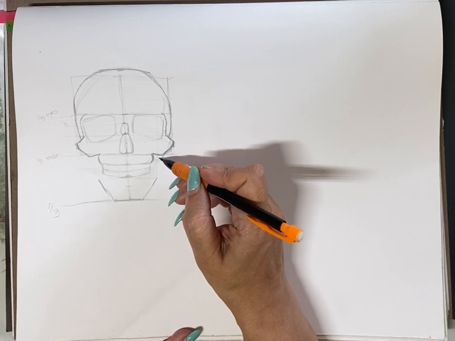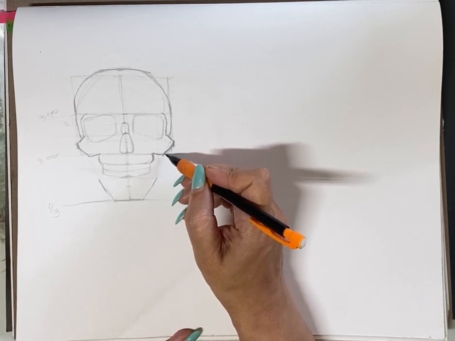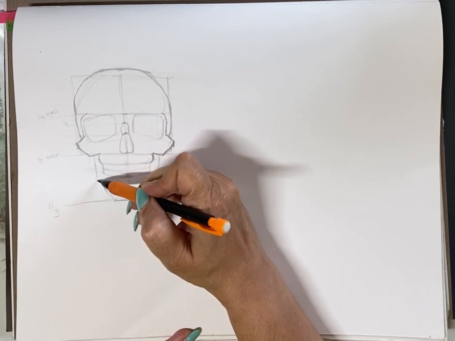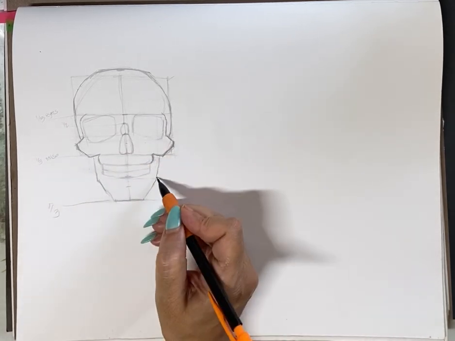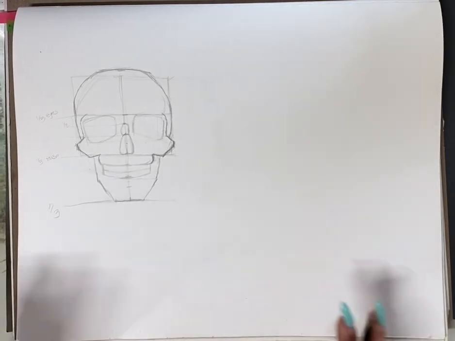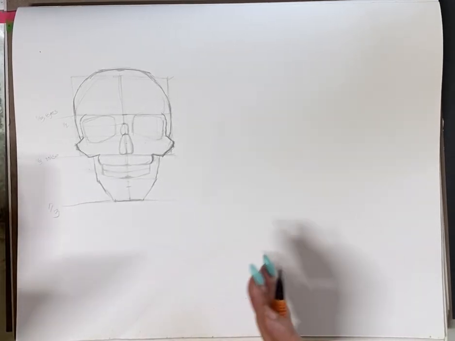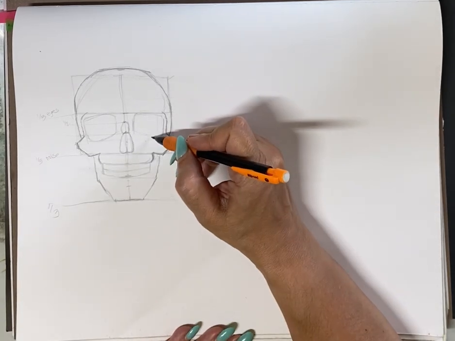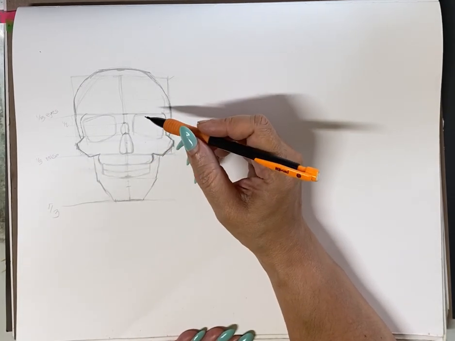Then it's not coming to this corner. It starts from this part to make shapes. So this is just the first step that we are doing. Then we're going to add more details on this.